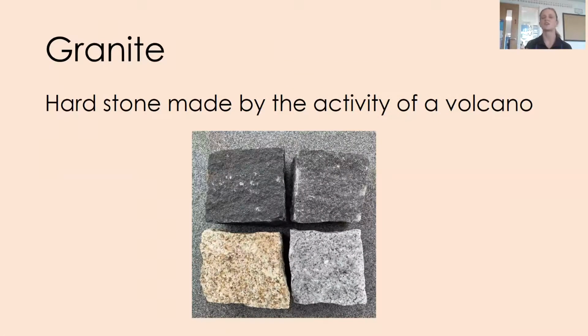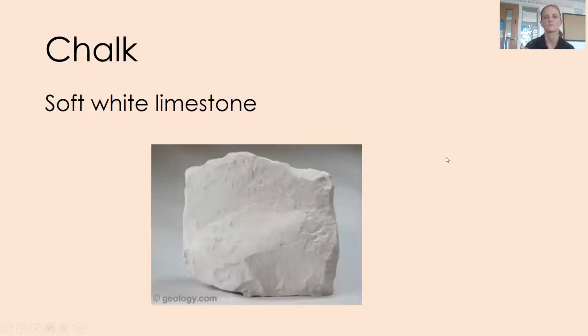Our next word is granite. Granite is a hard stone made by the activity of a volcano. And underneath you can see four examples of types of granite. Our next word is chalk.